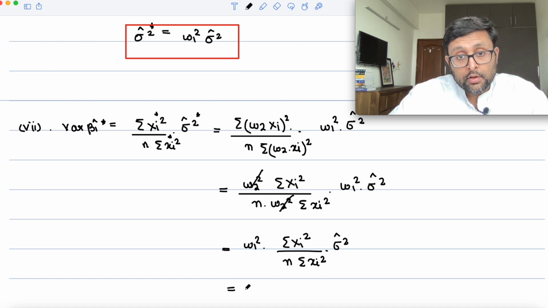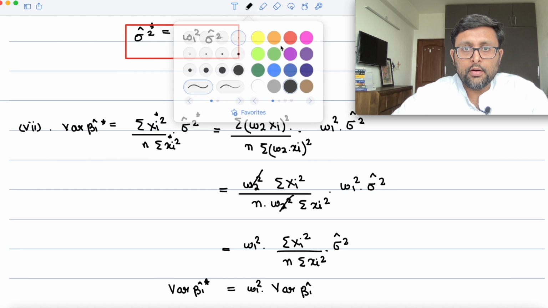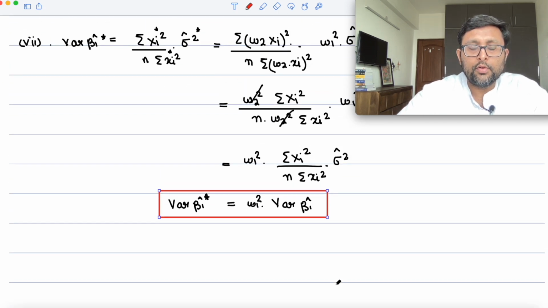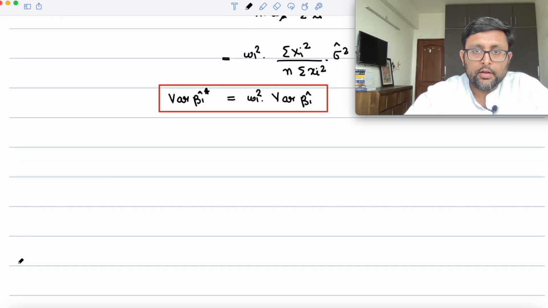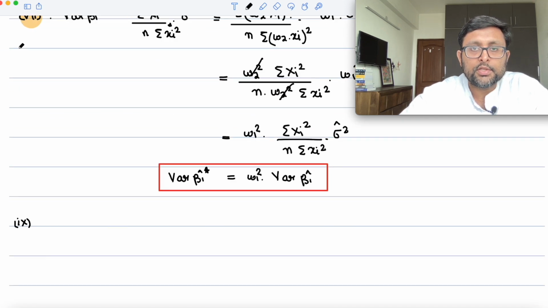But what is this? This is just the variance of beta 1 hat. So variance of beta 1 hat star is equal to W1 square variance of beta 1 hat. Right? What about this guy? This was the 8th one, this was the 7th.